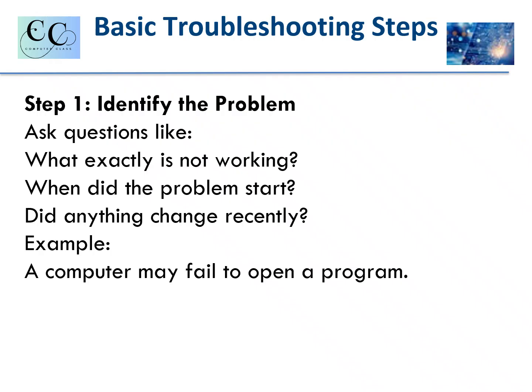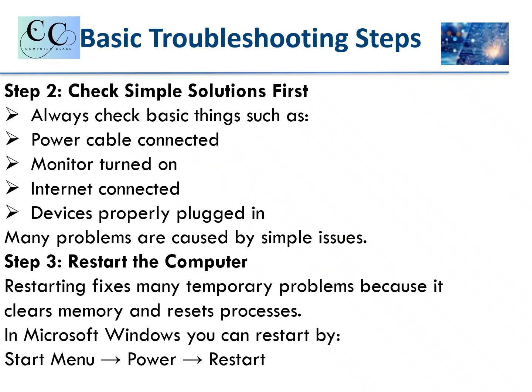Basic computer troubleshooting steps. Identify the problem. That is the first step. Ask questions like, what exactly is not working? When did the problem start? Did anything change recently? For example, a computer may fail to open a program. And once you're able to answer these questions, you'll know where to start with your troubleshooting process.